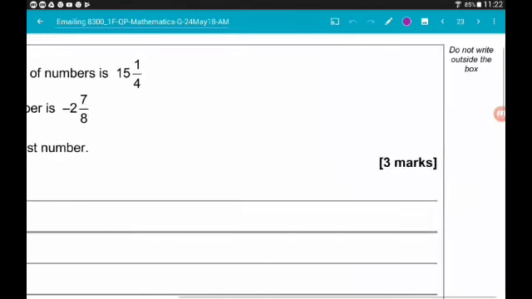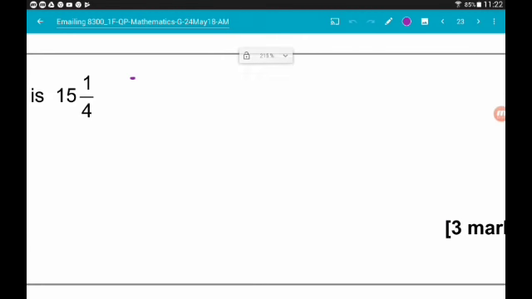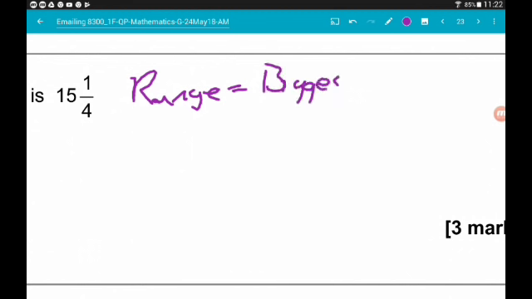So the range, remember, of a set of numbers is the biggest minus smallest. Now here we know the range and we know the smallest number. So we can use this equation to work out the biggest number.